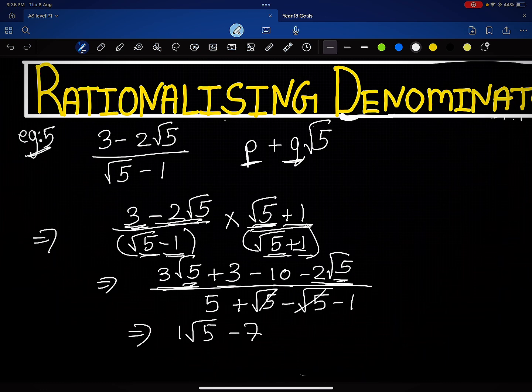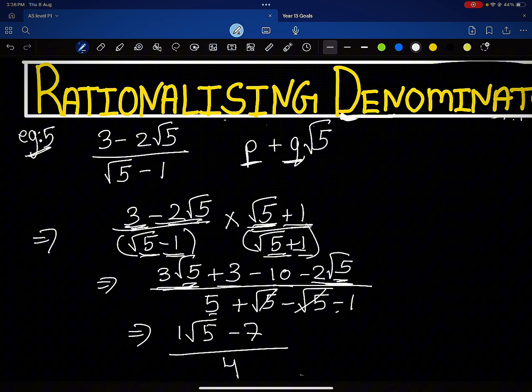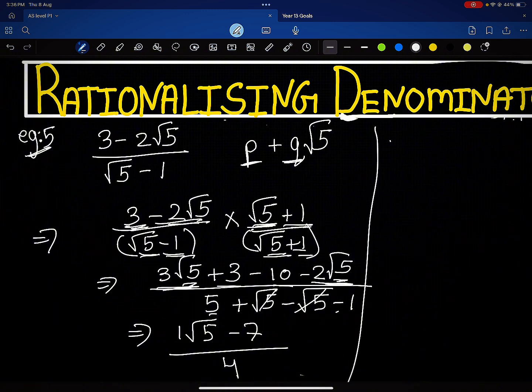Whole of that over, and then you have 5 minus 1, that is going to give me 4, right? So in general, what I have here is root 5 minus 7 over 4. If you want, you can definitely rearrange that to get minus 7 plus root 5 over 4.